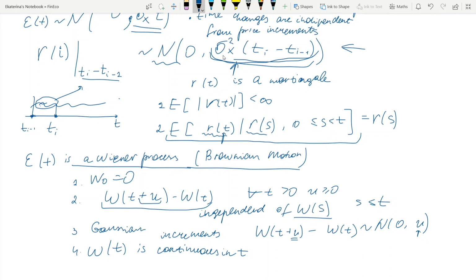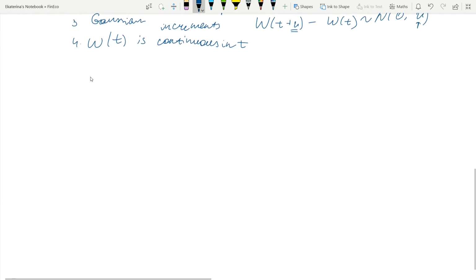Okay, and then you need to remind yourself of another little thing, which is an Ito stochastic integral. So the concept which allows us to marry our return over some very small price increment and a continuous Wiener process.